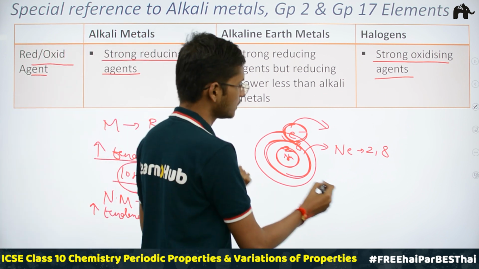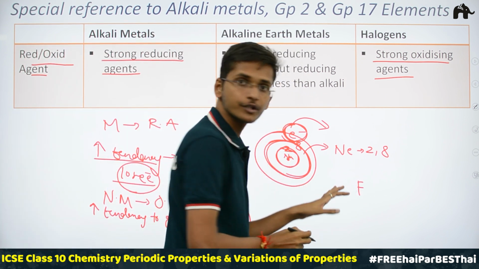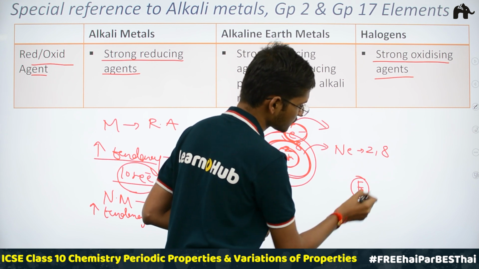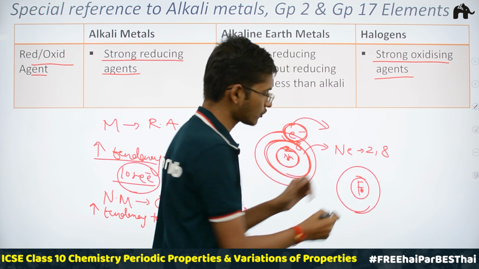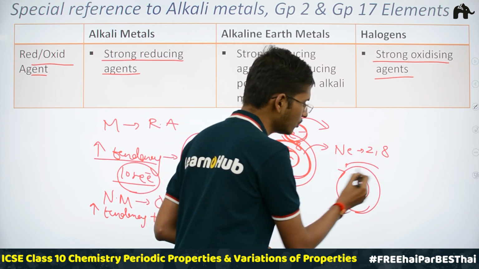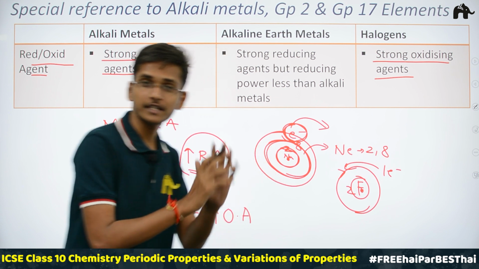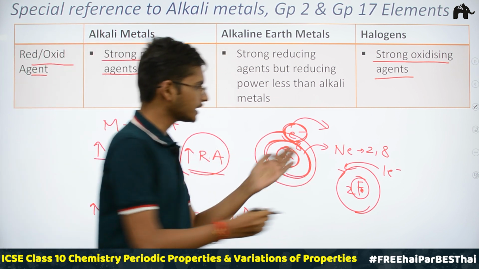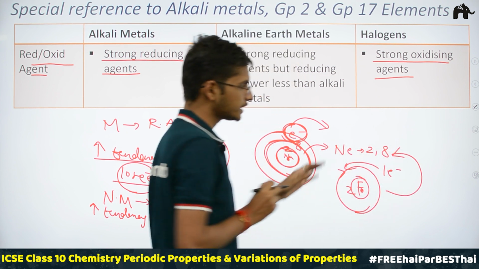Why is this so? I'm taking an atom of halogen, fluorine. This is the nucleus of fluorine. 2 electrons in the first shell, 7 electrons in the second shell. It badly needs just one more electron, and then its outermost shell would have 8 electrons. It would attain the octet and the very stable configuration of neon.